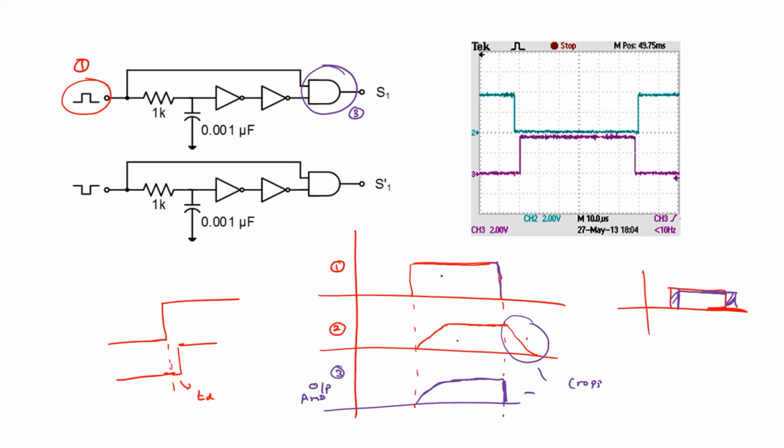Now why are these two NOT gates connected side by side? For example, this is 1, so this will be 0 and this will be 1.